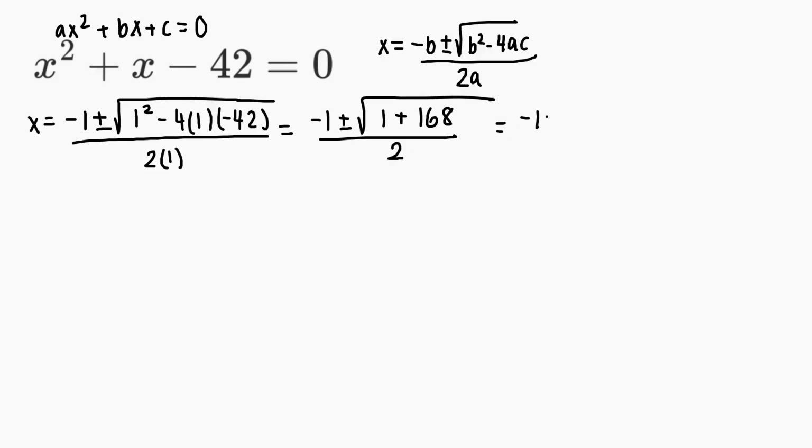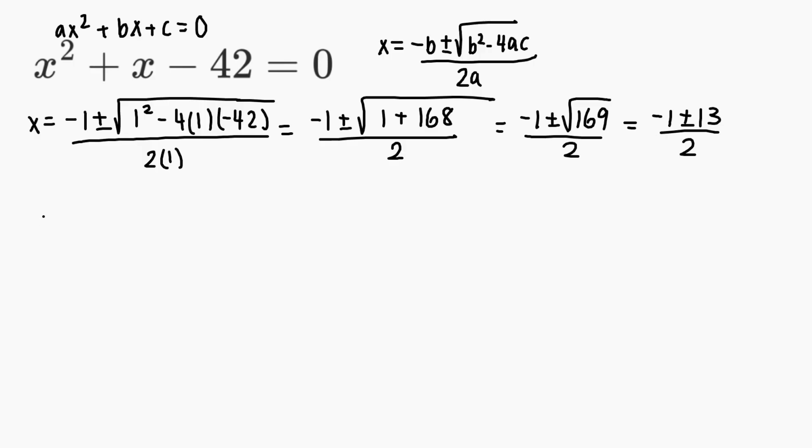This gives us -1 plus or minus the square root of 169 divided by 2. Now we can simplify this more because 13 squared is 169. We can do -1 plus or minus 13 divided by 2.